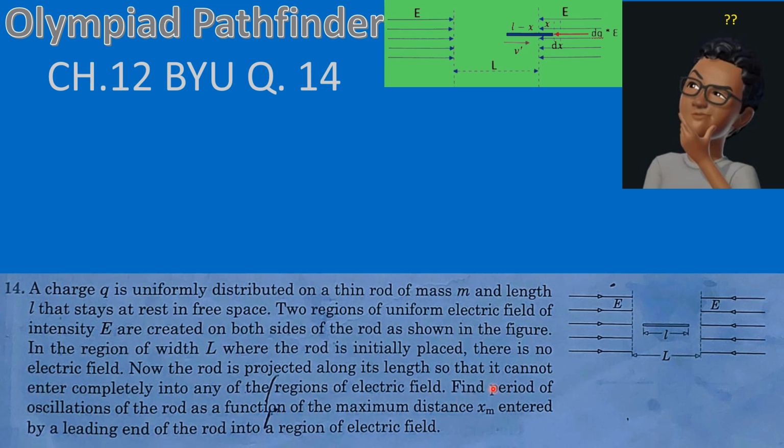Find the period of oscillation of the rod as a function of the maximum distance xm entered by the leading end of the rod into a region of electric field. Let us solve this question.